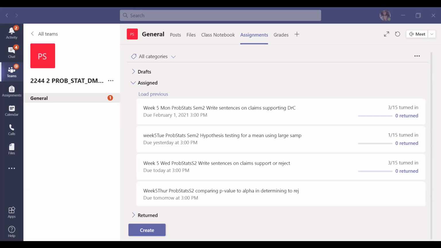Negative 2.59 is going to be a p-score of 0.0048. So 0.0048. So let's go back and compare that. Step number 5.